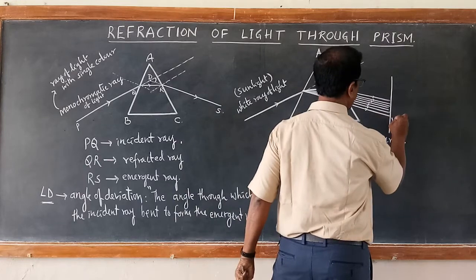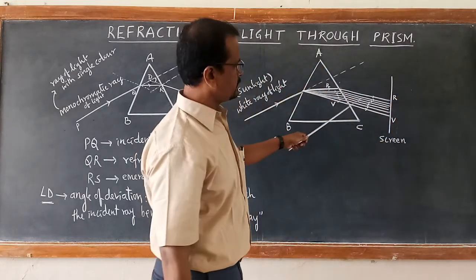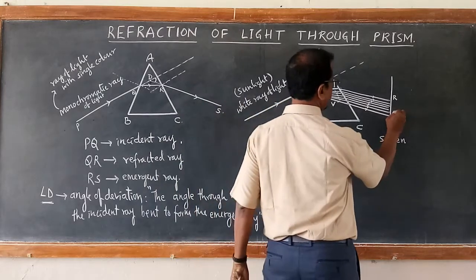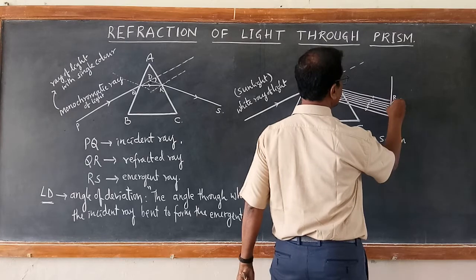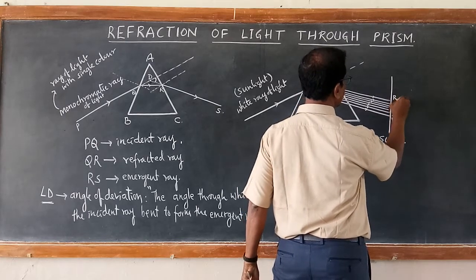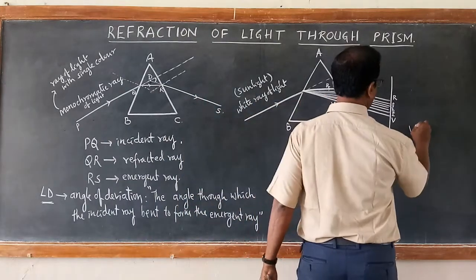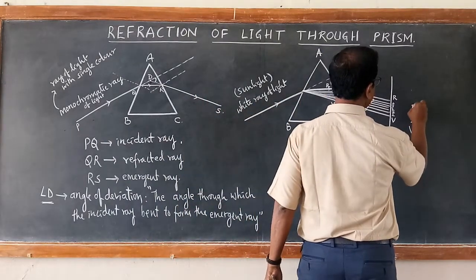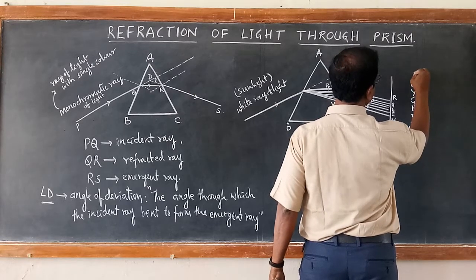The top color is red. In between you will get indigo, blue, green, yellow, orange, red. So we get the pattern like this: violet, indigo, blue, green, yellow, orange, red.